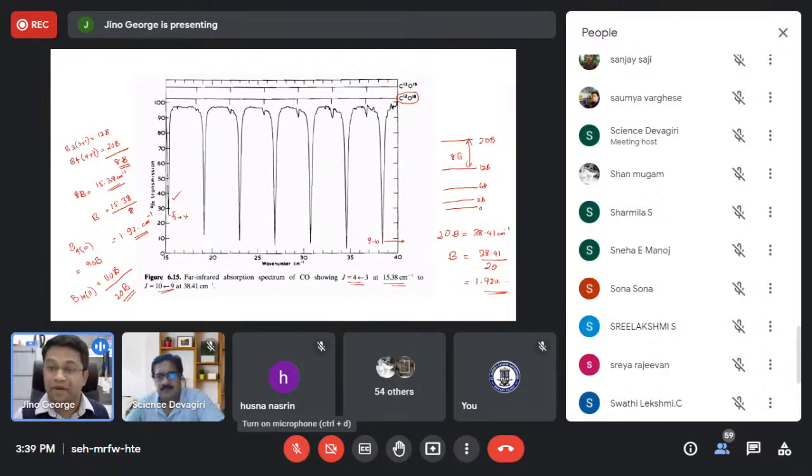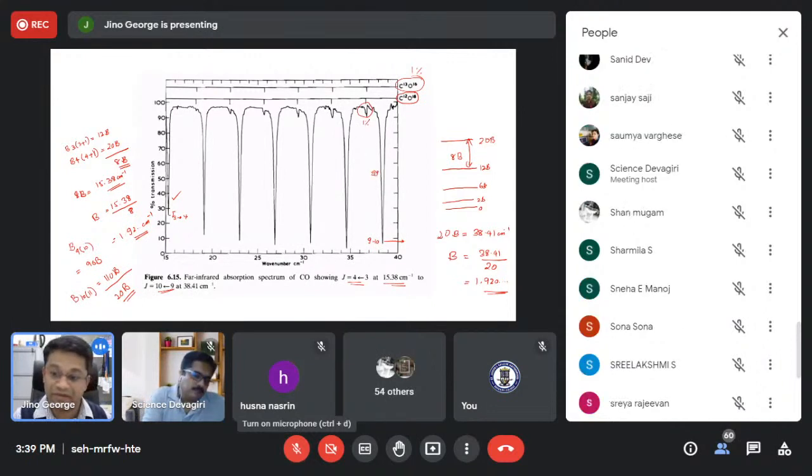Coming back to carbon-13, we know that the natural abundance of carbon-13 is 1%. You see it coming out here, very clean. This is carbon-13 and this is C12. This is 1% if you calculate the population, and this is 99%.